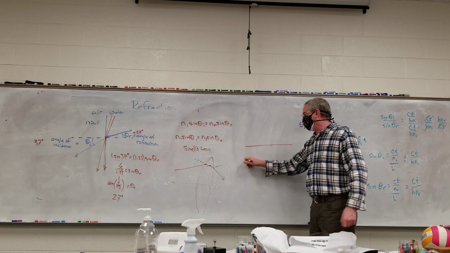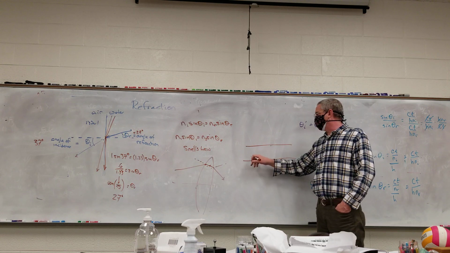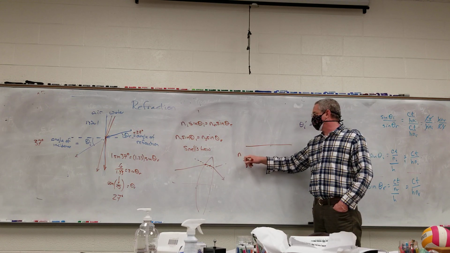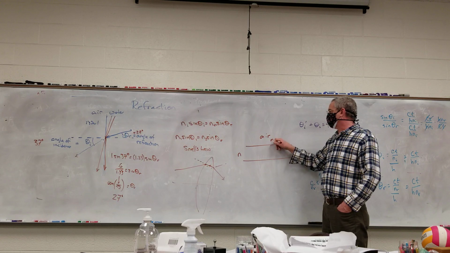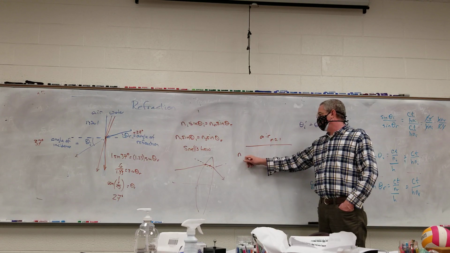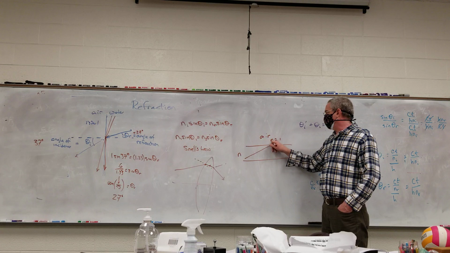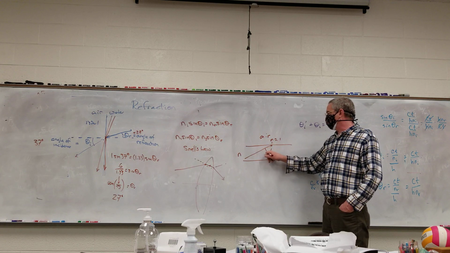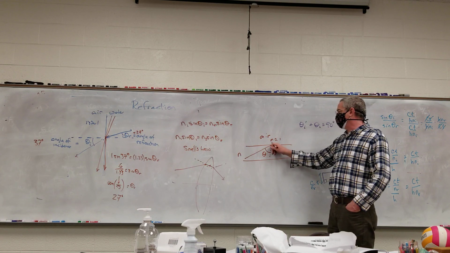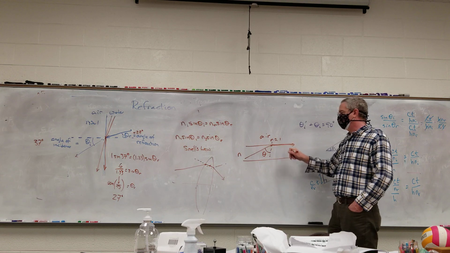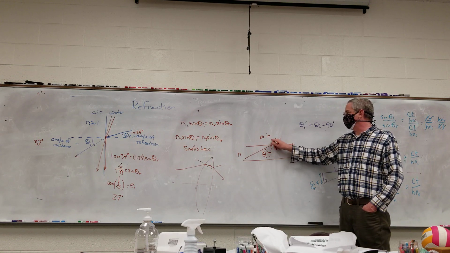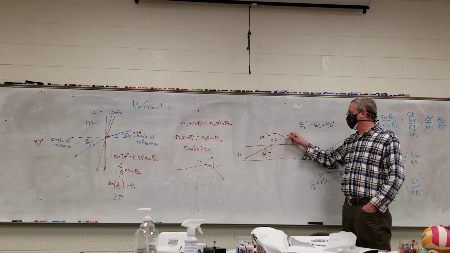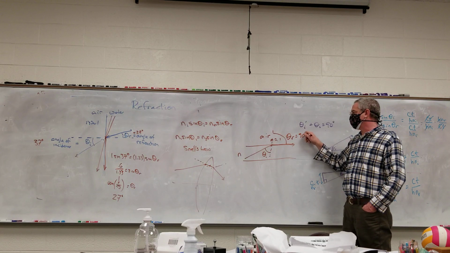So if I have some material here with index of refraction, we'll just say n, and we'll make this air, so n is approximately equal to 1, what I want to figure out is this angle so that it will bend right along the path there. In other words, if this is my angle of incidence, my angle of refraction is 90 degrees.